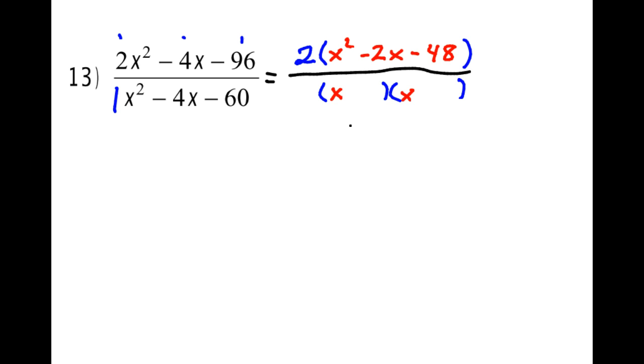What do you come up with? What multiplies to negative 60 and adds to negative 4?